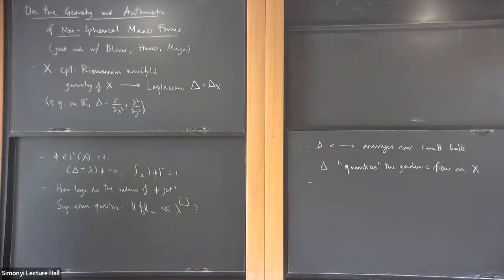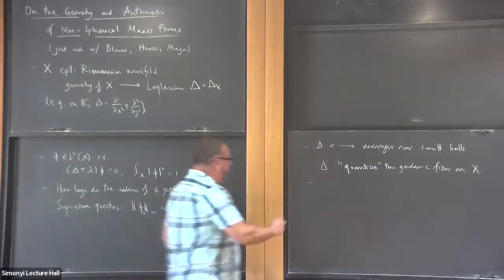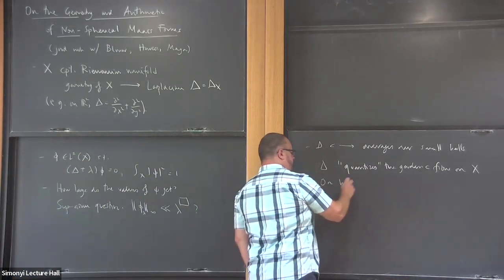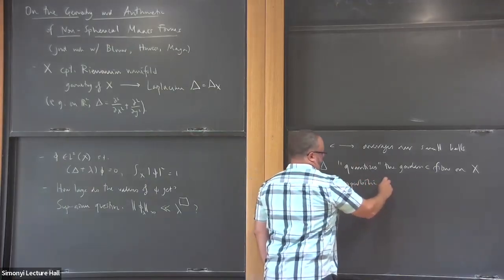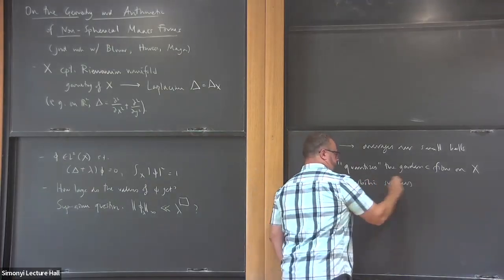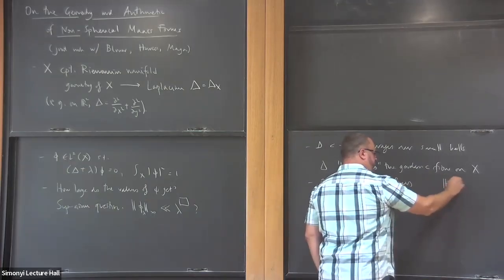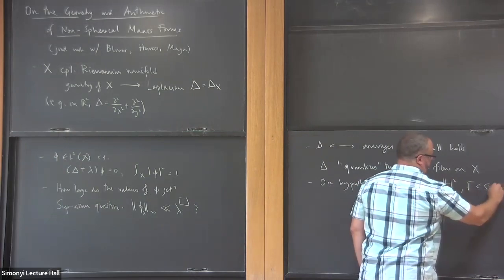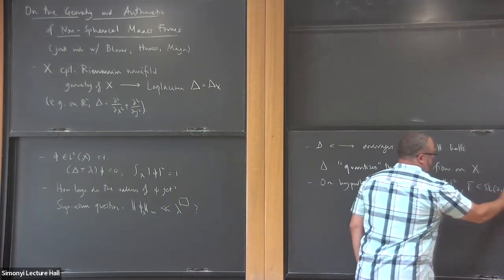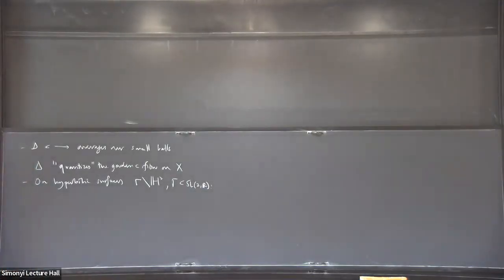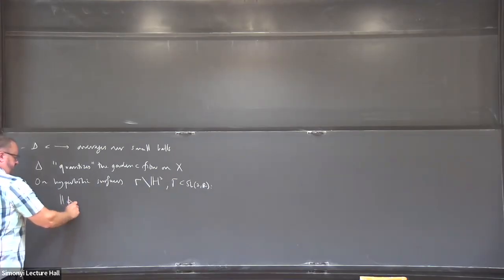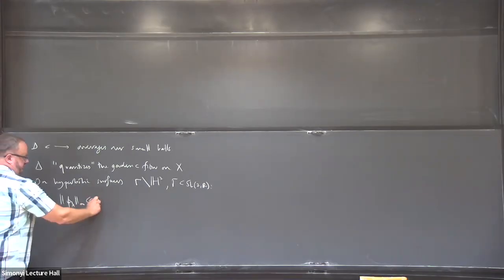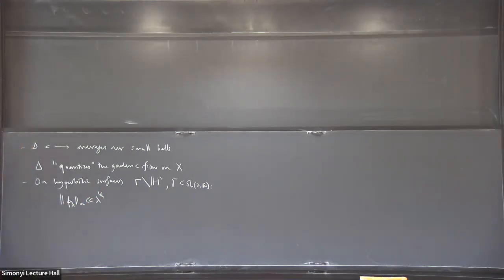For example, on hyperbolic surfaces, a situation we are more familiar with, which are like portions of the upper half plane, where gamma is a discrete subgroup of SL2R, you can look at this sup-norm problem, and it turns out that for purely analytical reasons, this can never be more than lambda to a quarter.